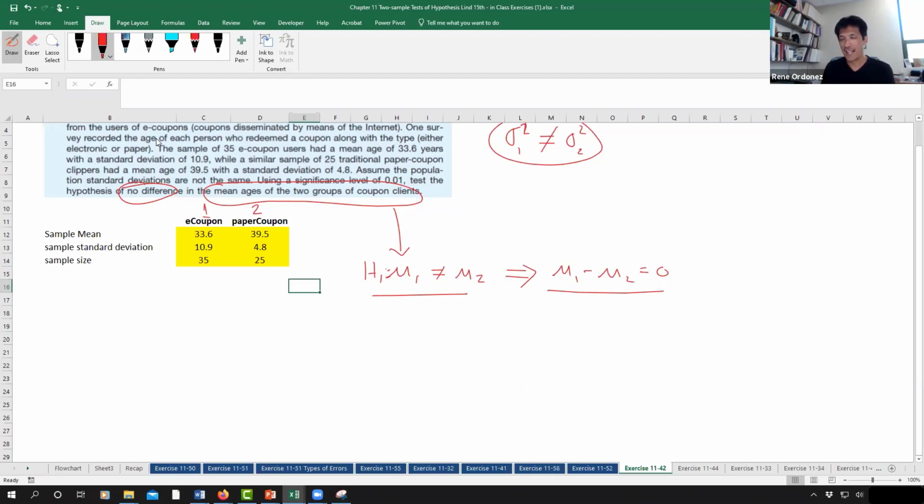Remember a little bit of your algebra. If I move mu2 to the left side, I'll subtract both sides by mu2, right? So you still have the not equal to there, mu2 minus mu2, right? Therefore, mu1 minus mu2 not equal to 0. That's how this is equivalent to this.